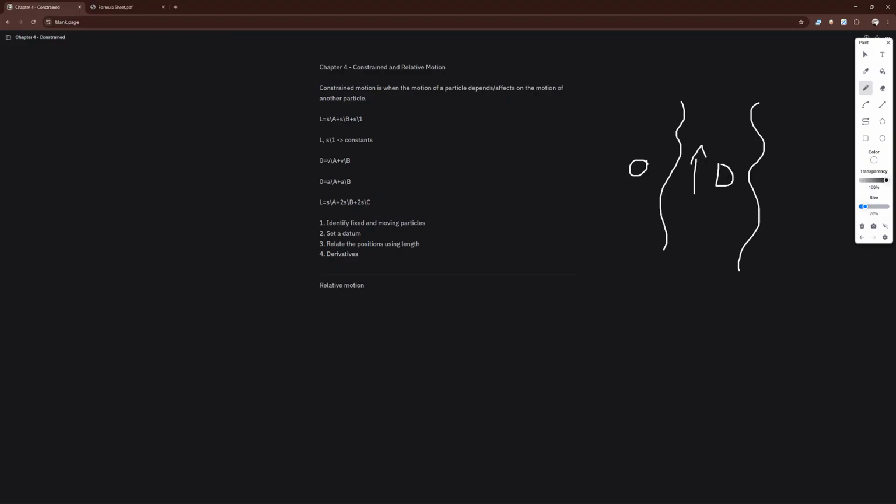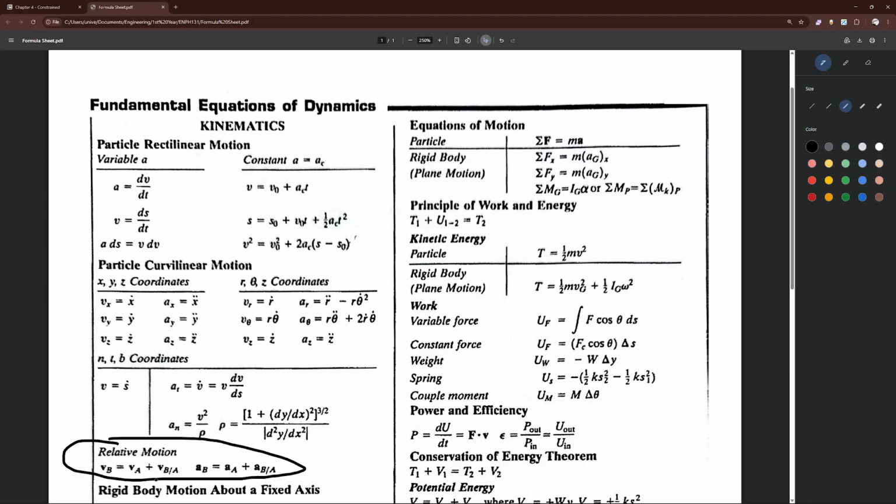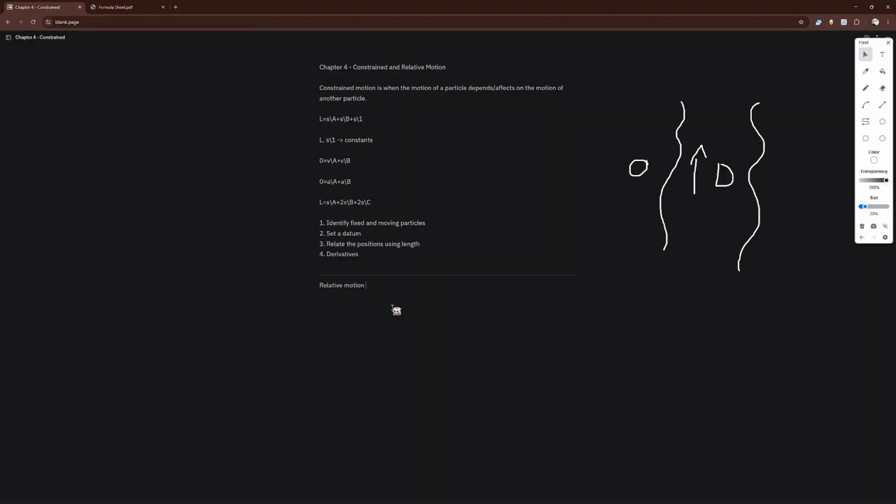Velocity of the boat relative to the observer. Basically, what is the observer seeing? If the river is 2 meters per second and the boat is 5 meters per second, then the observer sees the boat moving at 7 meters per second. It's an easy addition. The formula, you can see right here, it's literally just addition, right?